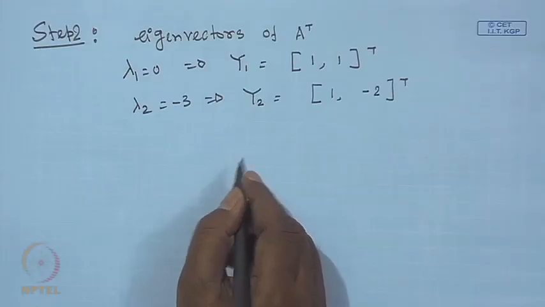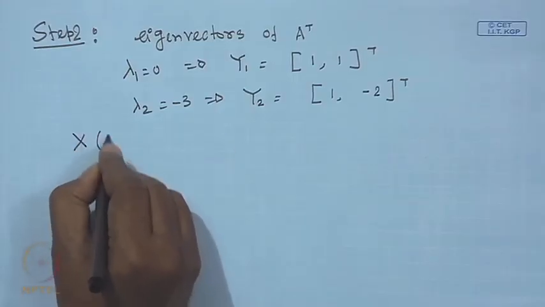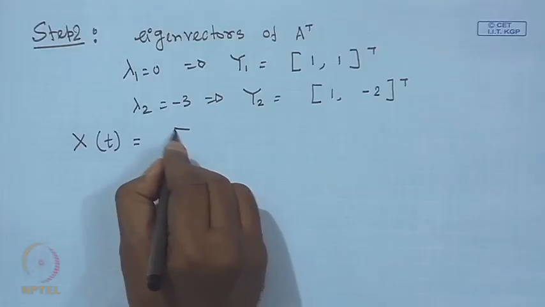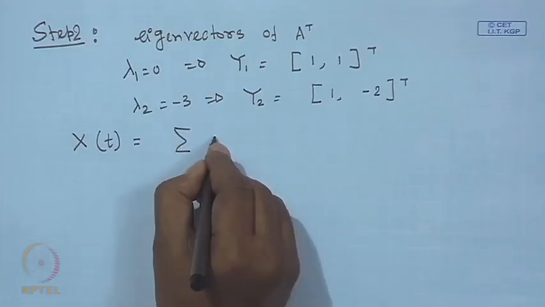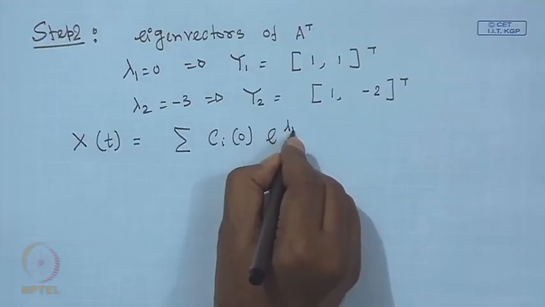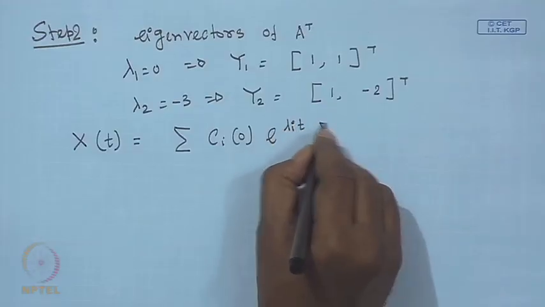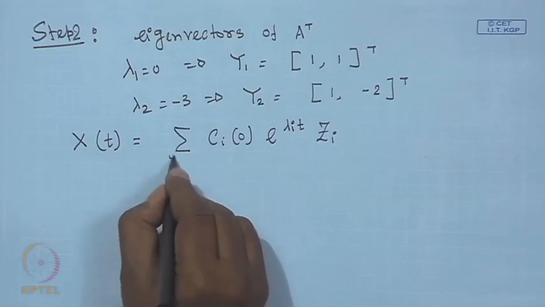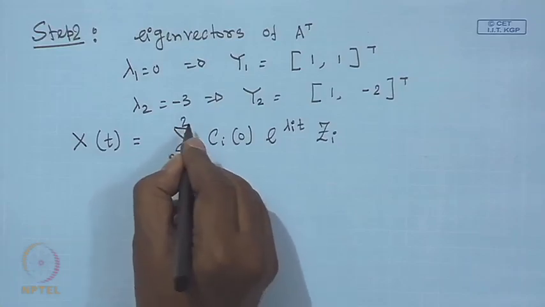Therefore, one can construct the solution vector as x of t is the summation of C i naught e to the power lambda i t z i, where i goes from 1 to 2.